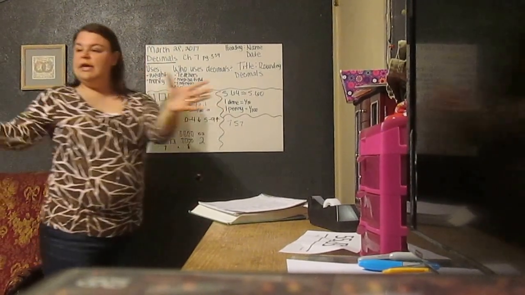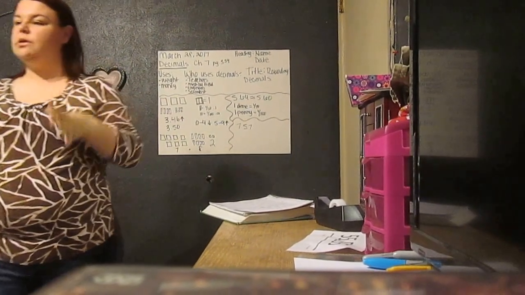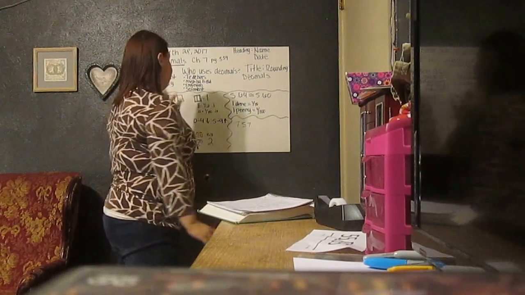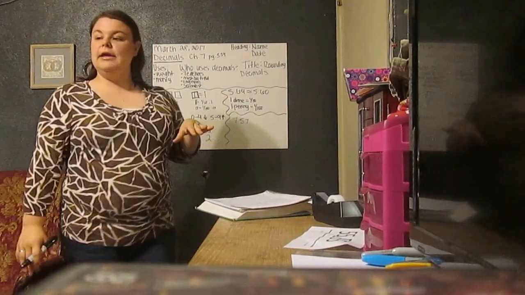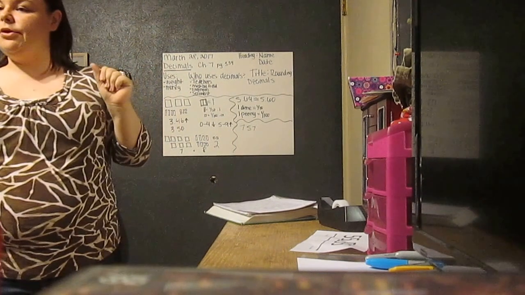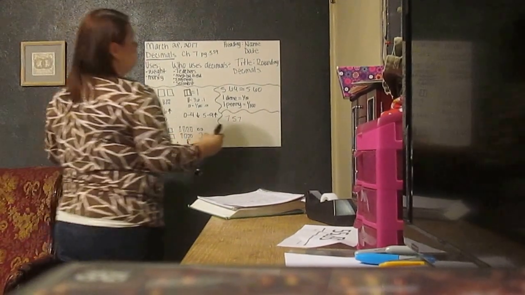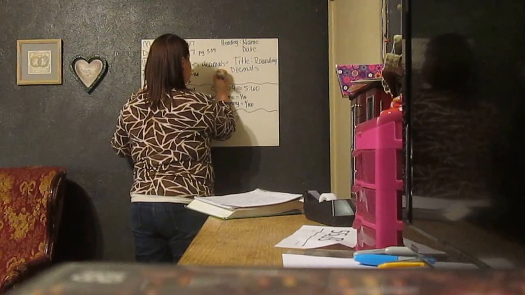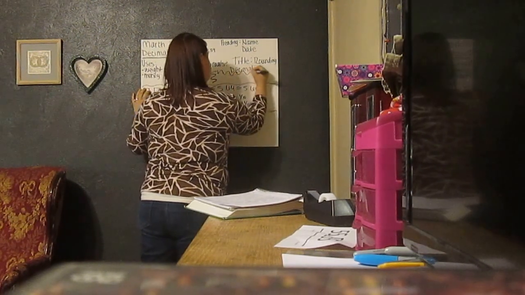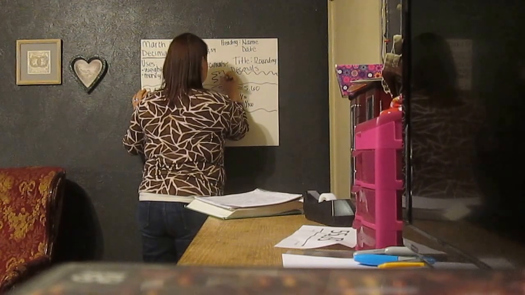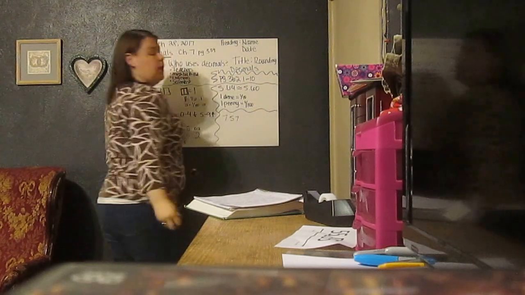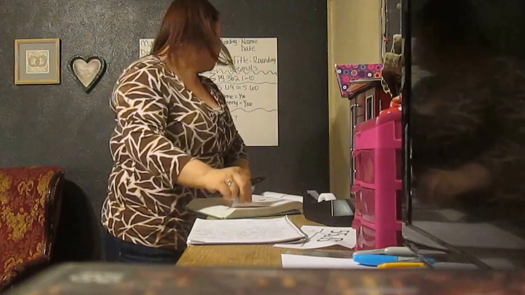So everybody group together, don't fight over who gets to work with who, and let's get started on our activity. Before we begin though, I need y'all to remember that your homework assignment is going to be on page 362, numbers 1 through 10. Everybody real quick, turn to page 362.